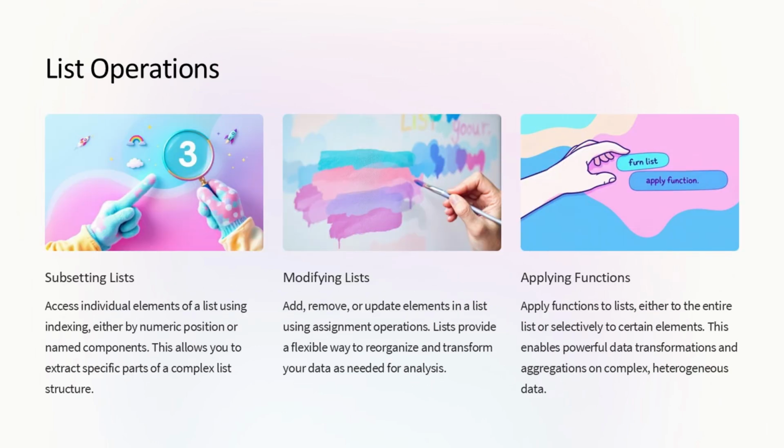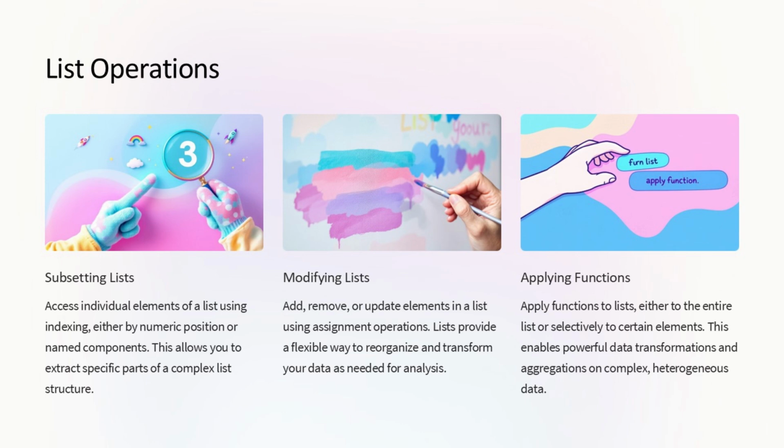Lists are a powerful data structure that allow you to store and work with complex, heterogeneous data. Today we'll cover three key list operations: subsetting, modifying, and applying functions. Subsetting lets you access individual elements of a list, either by numeric position or named components. This is useful for extracting specific parts of a complex list structure.